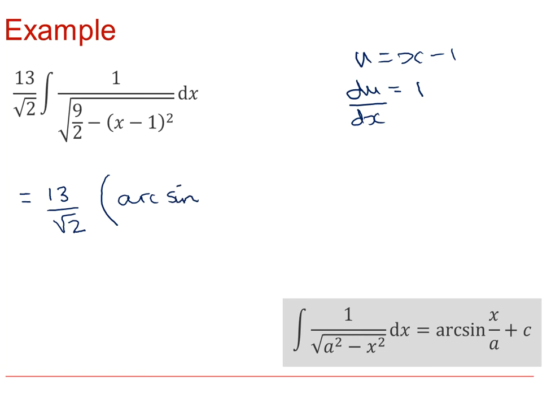My equivalent of x will be x minus 1. And a, if I remember, will be 3 over root 2, because this is my a squared term. So that would then be root 2 over 3 of x minus 1. And then I mustn't forget my plus c.